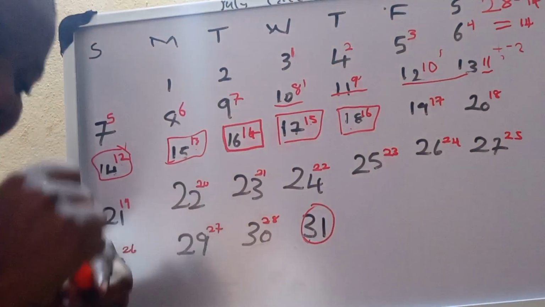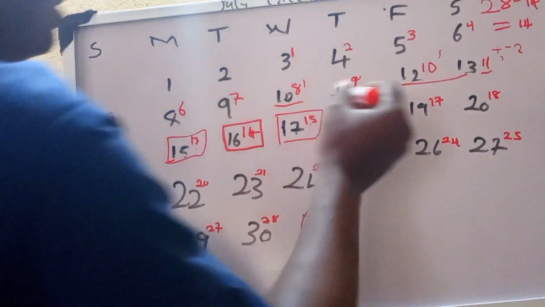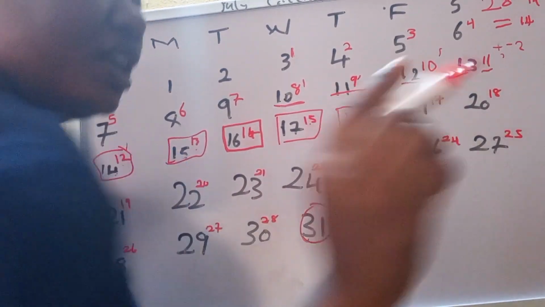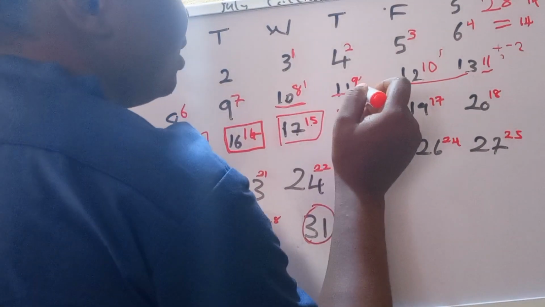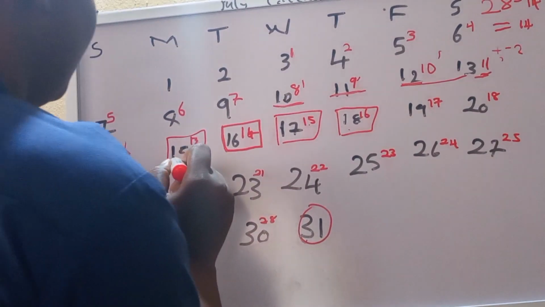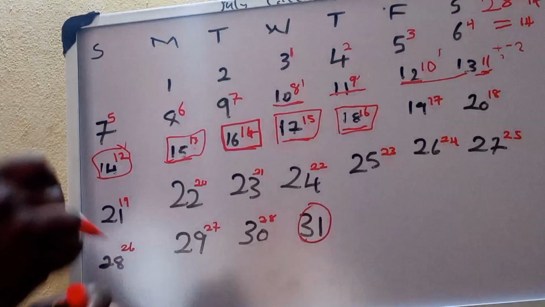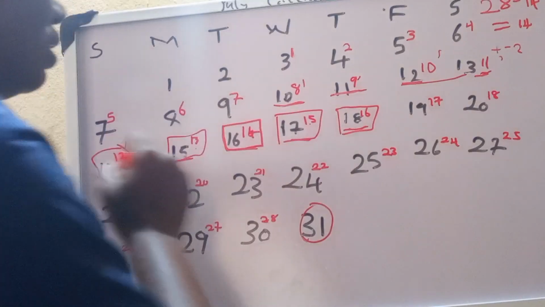So if you are trying to conceive, don't play with these days. The 8th day of your cycle length, that is if you have a 28 day cycle length, 9th day, 10th day, 11th day, 12th, 13, 14, 15, 16th day of your cycle length. Don't joke with it. Take advantage of these days.